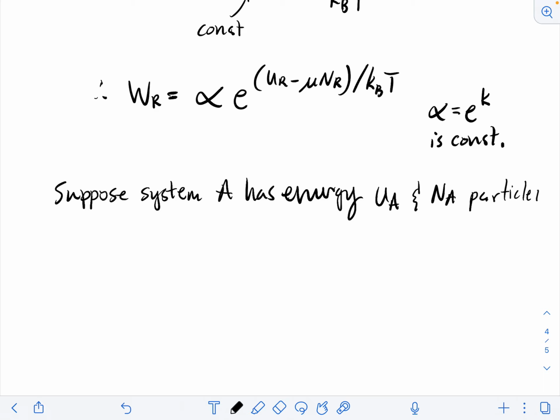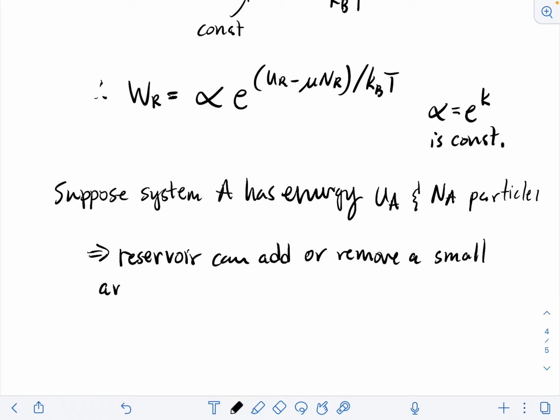Okay, before we do all that, let's make the point that the reservoir can add or remove a small amount of energy without changing its temperature.